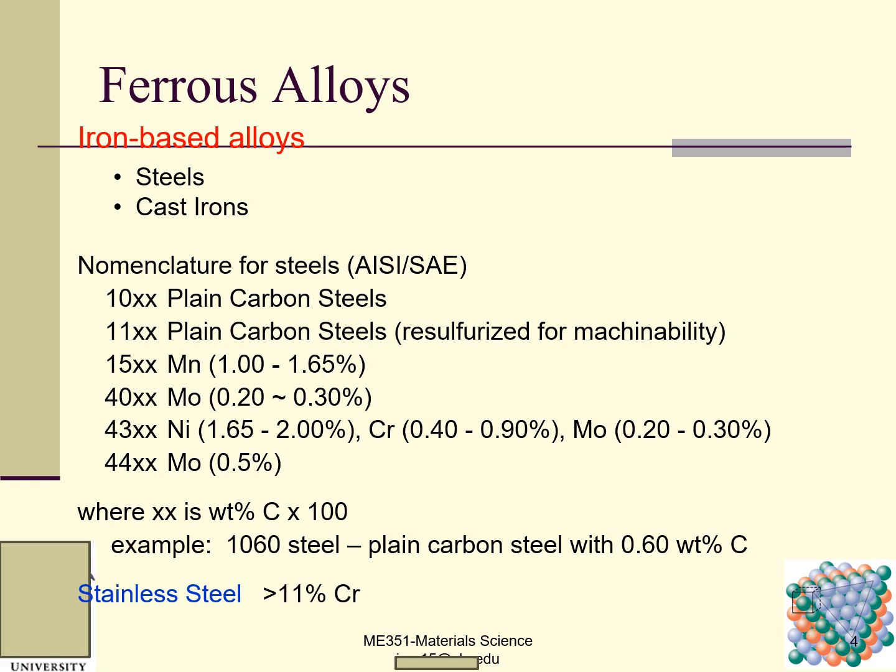For example, for 1016 steel, the carbon composition is 0.16 percent. And for stainless steel, we also need to have at least 11% chromium.